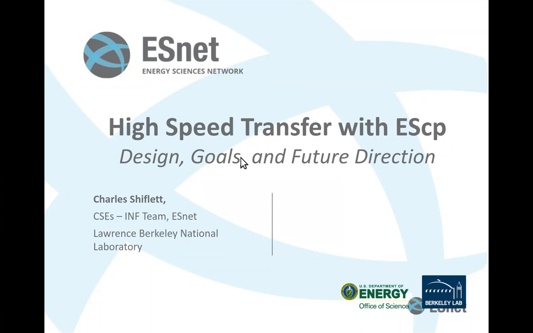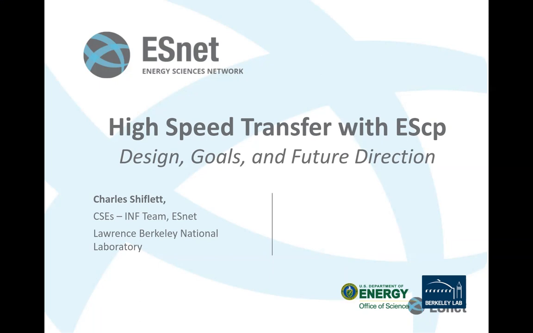So this is a tool that I started about a year ago. Initially, it was an application to help with tuning our DTNs, and it continues to be an application that will help with tuning our DTNs. And it sort of morphed from that to being a tool for data transfer.